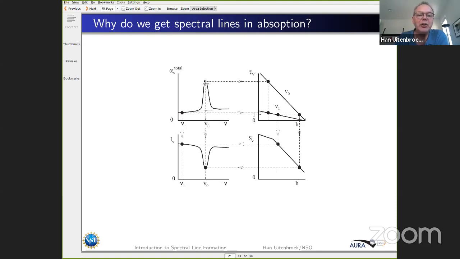In the line core, you have larger opacity, therefore you sample higher layers of the atmosphere where the temperature is lower, and this maps via the Eddington-Barbier relation to a lower intensity. And this is the most confusing part of the graph, because you have to remember how opacity maps into optical depth. And this graph is included because you need to know where optical depth unity is.